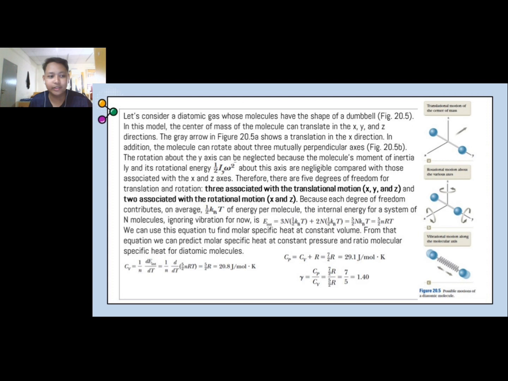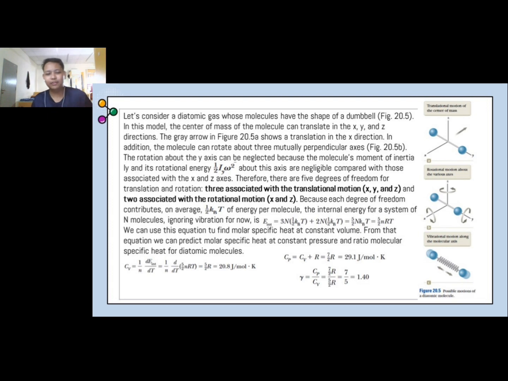Each degree of freedom contributes average energy per molecule and to the internal energy of the system. Ignoring vibration for now, we can find the E internal with this equation, and from it find the molar specific heat at constant volume, predict the molar specific heat at constant pressure, and eventually find the ratio of molar specific heats for diatomic molecules.